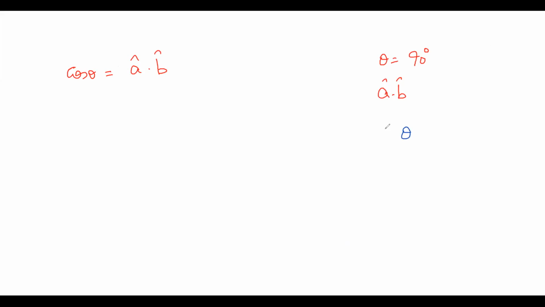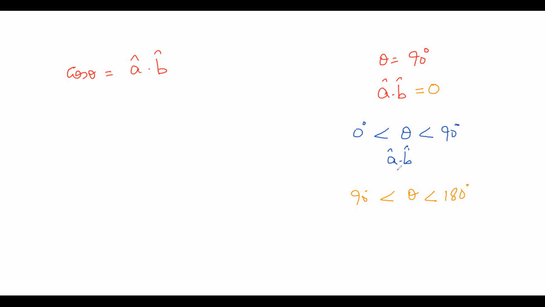If your theta is an acute angle, what would be this dot product? If your theta is an obtuse angle, then what would be this dot product? Okay, so you correctly told that this is going to be 0, because whenever they are perpendicular, the angle between them is a right angle, and the dot product is equal to 0.